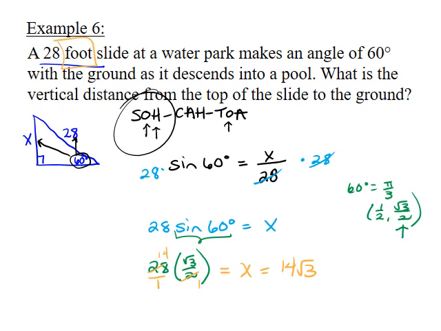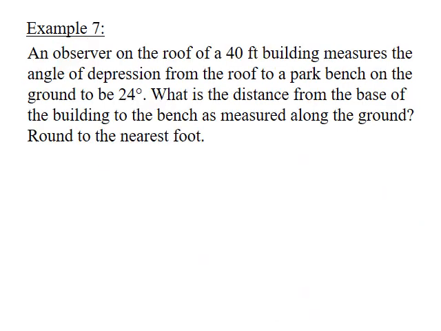This is measured in feet. I can multiply this out if I want. 14 times the square root of 3, I believe, is approximately 24 feet. And there you have it. Sometimes it's helpful to write your answer in a sentence. It says, what is the vertical distance from the top of the slide to the ground? You would say the vertical distance from the top of the slide to the ground is approximately 24 feet.